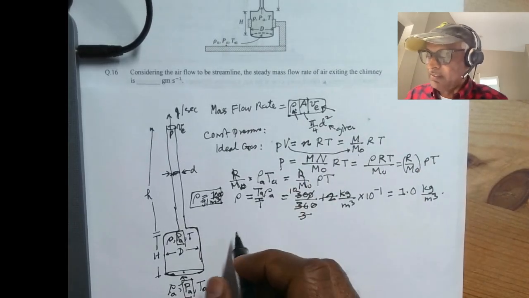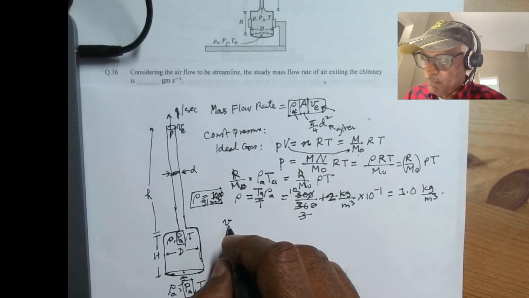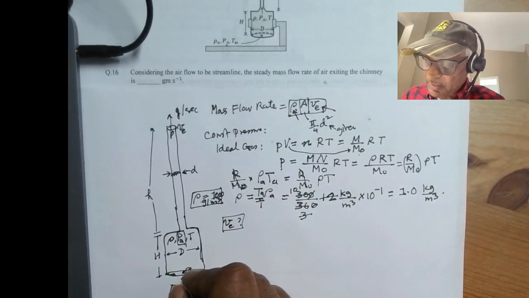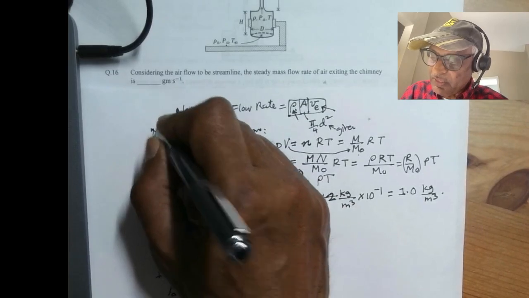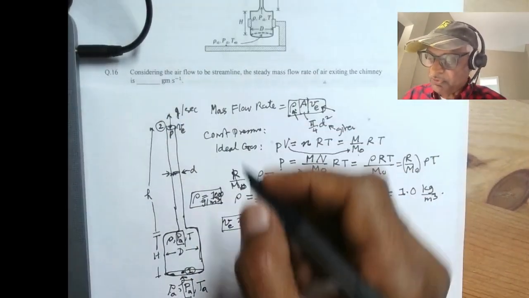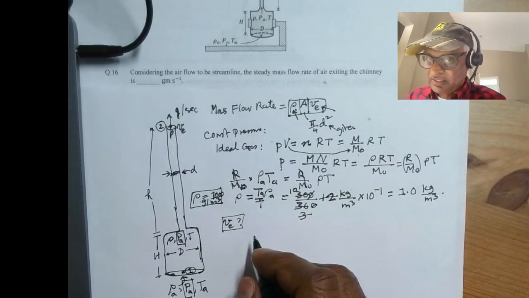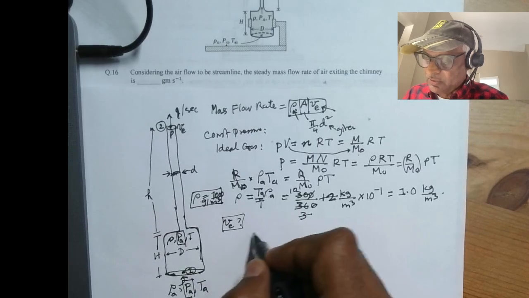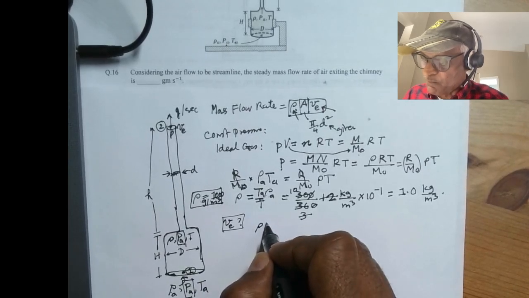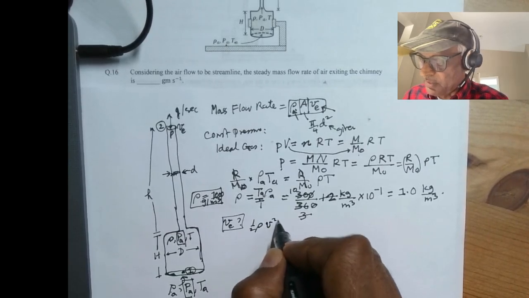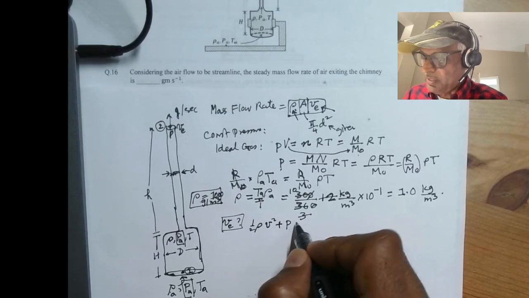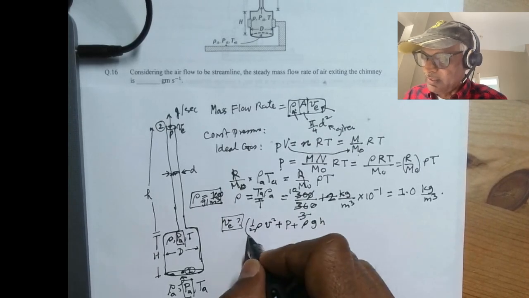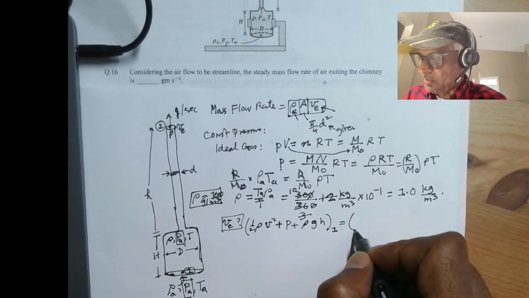How about V_E? How am I going to get V_E? Well, it's the flow, so we take a point 1 here and a point 2 here, and because it's streamline flow, we can use the Bernoulli principle: half rho v squared plus p plus rho gh at 1 equals the same combination at 2.